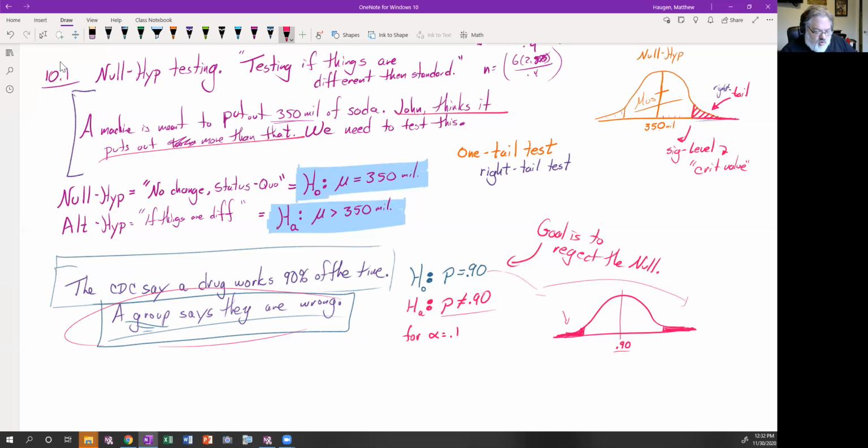At a 0.1 significance level, sorry, that's 10%, this would be the equivalent of a confidence level of 90%. That would mean there'd be 5% there, and 5% there.